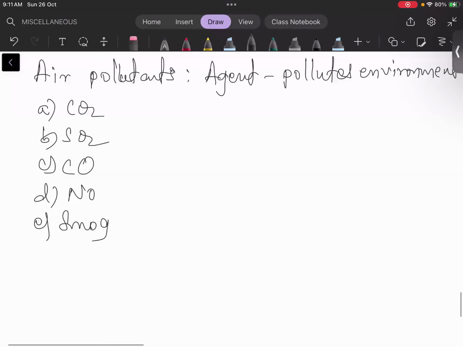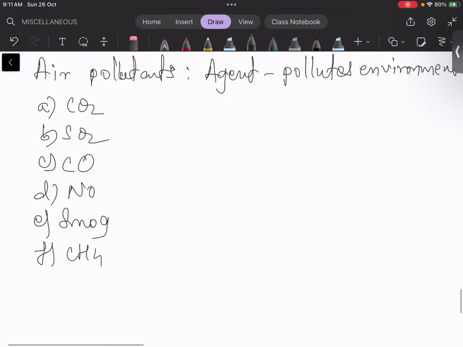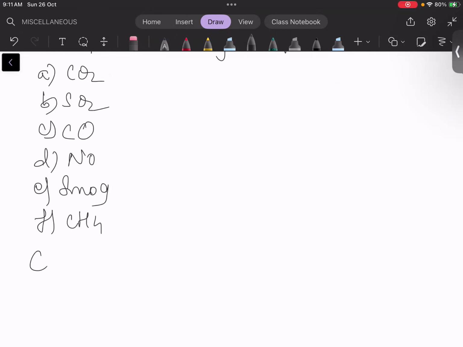Sir, then methane? Yes, methane also. Methane also is correct. Now, first one is CO2, that is carbon dioxide.